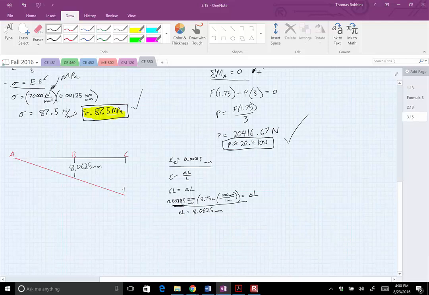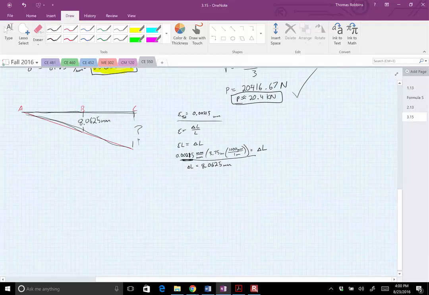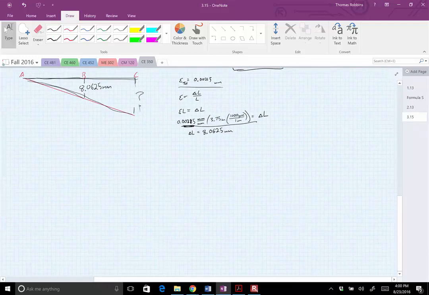Well, you could use a couple of different methods. You could use similar triangles, because this is one triangle and this is another triangle, and you could figure out that distance there. Or you could use trig. I like trig better, that just makes more sense to me, so I'm going to use that method. Both ways you'll get the same answer.